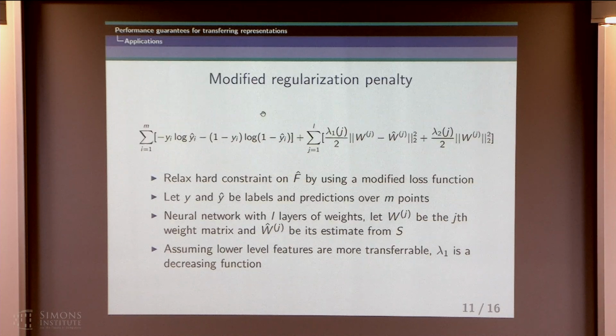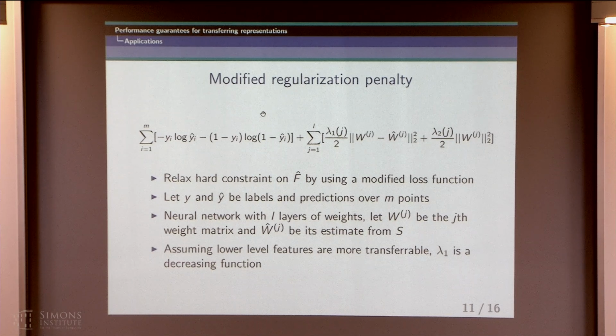Now, instead of having that hard constraint on the weights that we're going to transfer across and saying we're only going to look in this little neighborhood, what we could do is soften this to a modified regularization penalty and penalize the target task for weights diverging from the source task. In a deep neural network, you could expect that penalty to differ for the different layers.